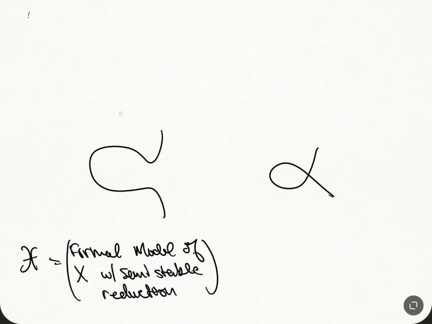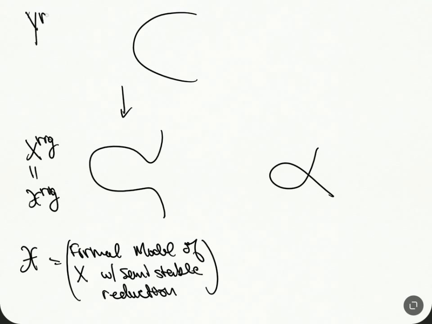Above this, this is X rigid, the rigid analytic generic fiber of this. And above this, we're going to have some copy of G_m. So this is Y rigid.